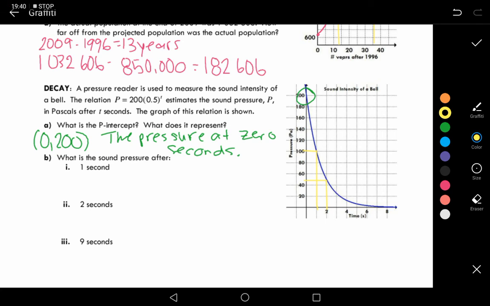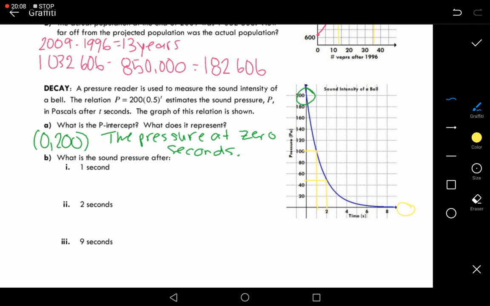And at 9 seconds, that would be somewhere over here, right? At 9 seconds, we can't really tell what the exact number would be, but we can infer that a decay has a decreasing line where this blue graphed line is going to almost become a horizontal line, right?